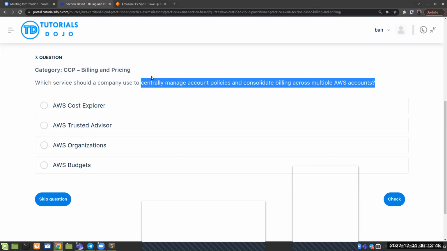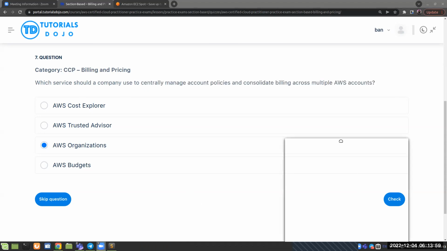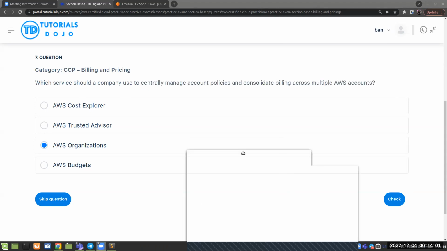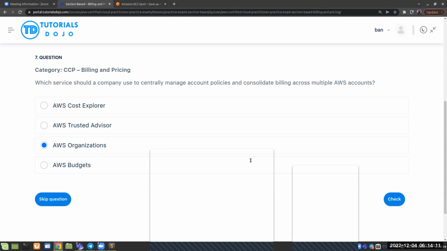Okay. And what service will do that? AWS. Okay. Say C. What about the others? Can you say C? What about any other view?